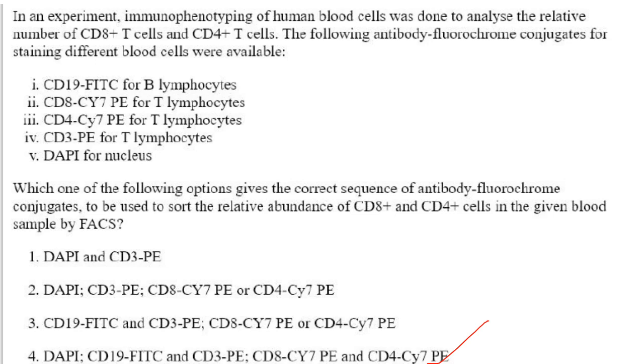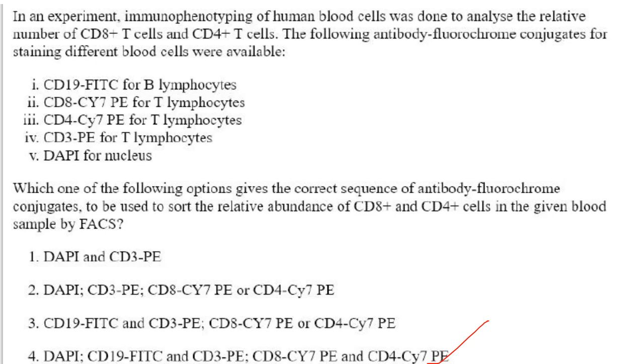CD19 FITC and CD3PE are used to identify B lymphocytes and T lymphocytes, and from this population you can exclude the B lymphocyte population, because you need only the T lymphocyte population for analysis and not B lymphocytes. So first you have stained the nucleus, differentiated between the live and the dead cells. Then you have isolated the live cells and chosen T lymphocytes alone, excluding the B lymphocytes.